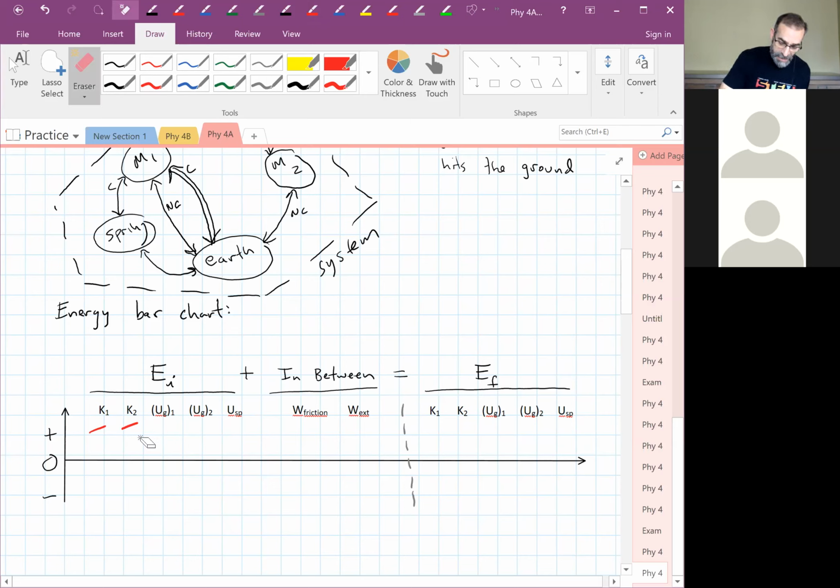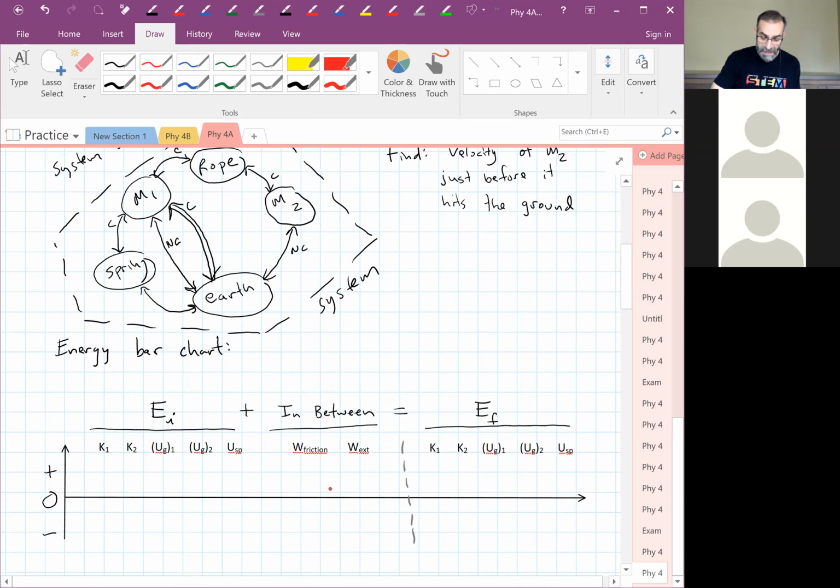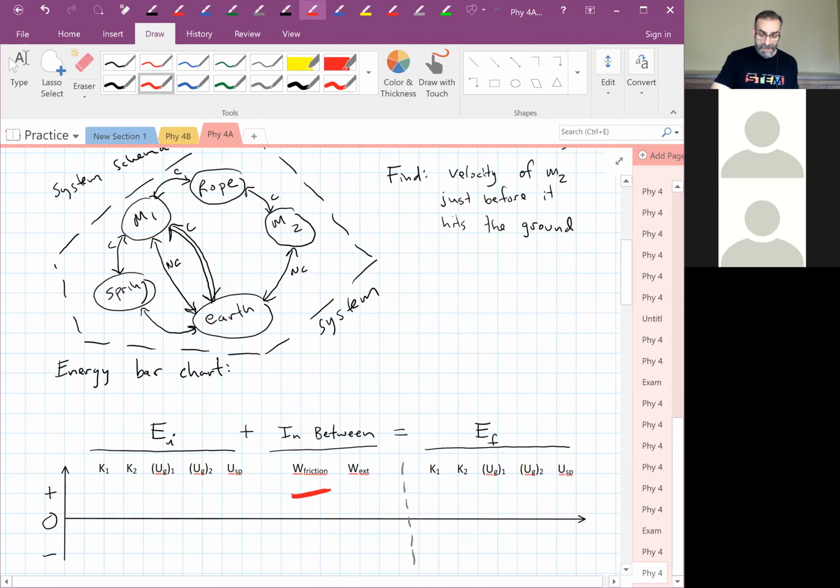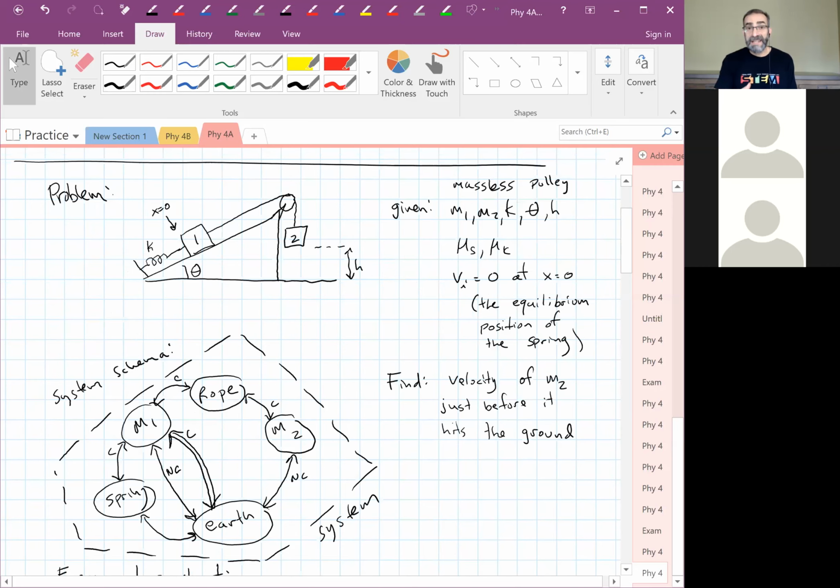So I knew it would get a little messy if I tried to do this by hand, so I typed it up last night, but this is our equation. I think I've accounted for everything here. Now I only have one friction force right here, because only M1 is sliding.